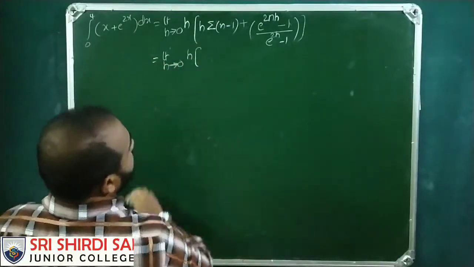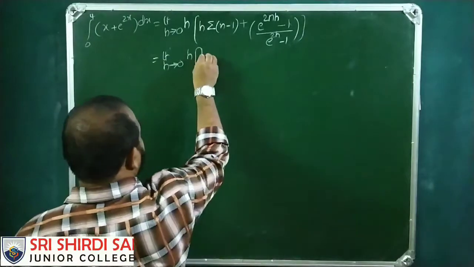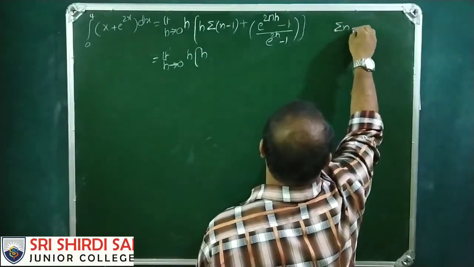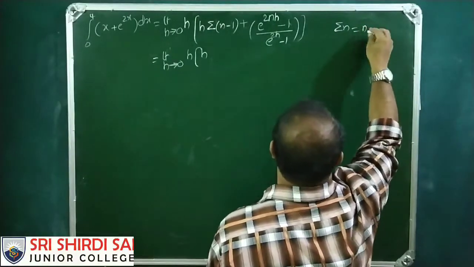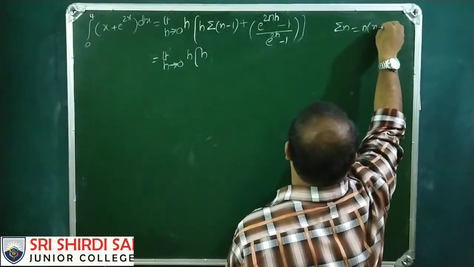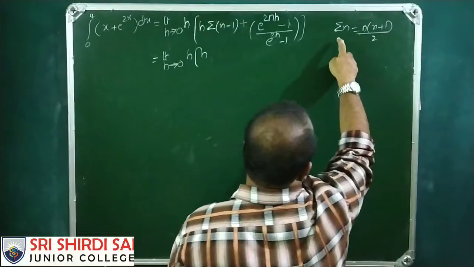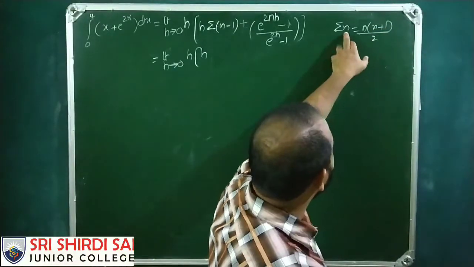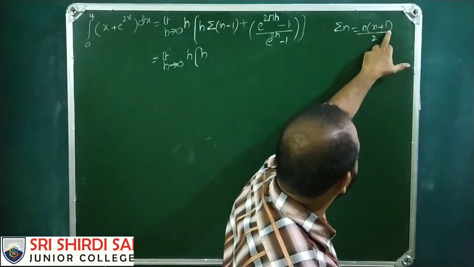This equals the limit as h tends to 0 of h times [sigma (n-1) + (e^(2nh) - 1)/(e^(2h) - 1)]. The sum of n natural numbers is n(n+1)/2, so sigma (n-1) is (n-1)n/2.